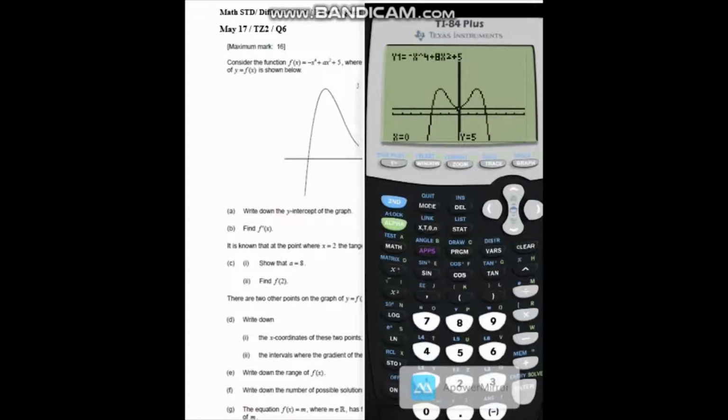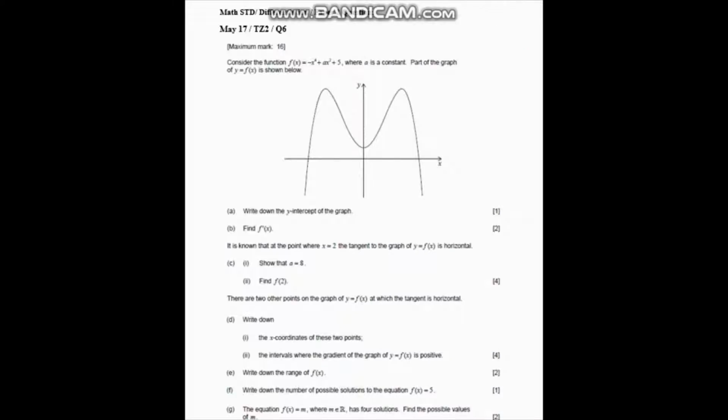So from the GDC, if you could not infer this, you can just do it on the GDC. So we can tell that there are 3 intersection points between the horizontal line and the graph. Hence, there are 3 possible solutions to this equation.